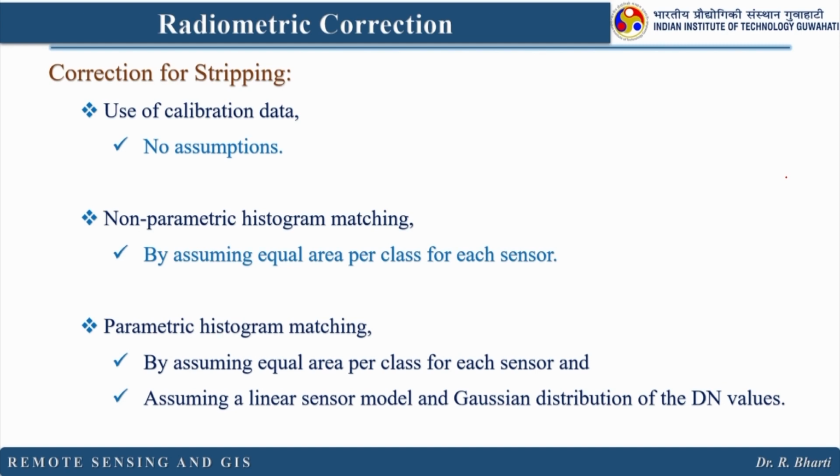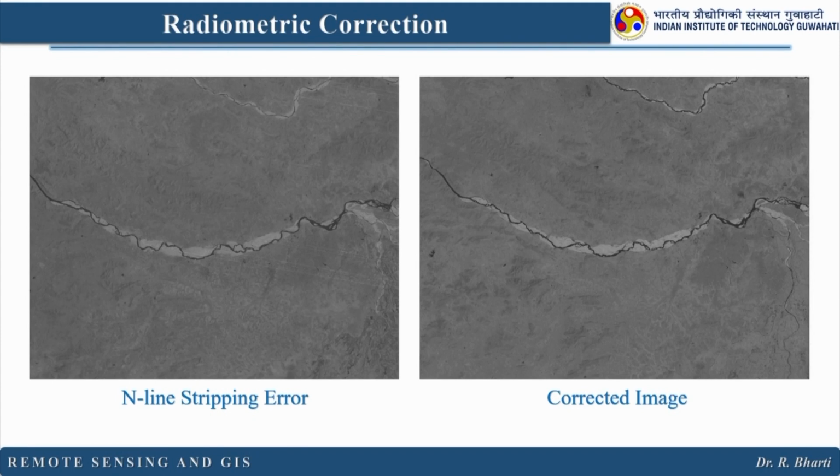So, these are some corrections we apply, and what is the basic logic of that, so that you can understand from here, right. So here you can see this is before correction and this is after correction, right. So this is the corrected one, right. So you can easily see the changes after correction.